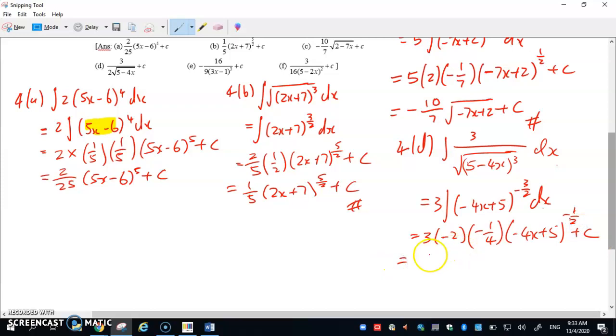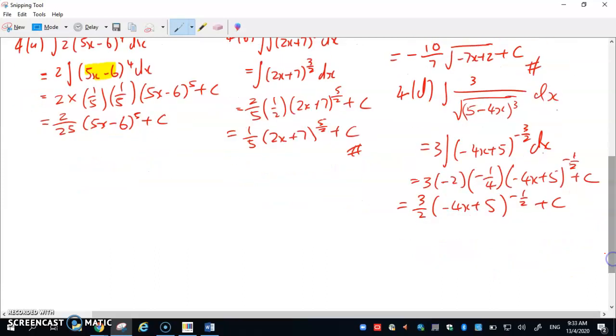Your final answer will simply be 3 over 2 (-4x + 5)^(-1/2) plus c. And then you can express it in this manner: 2 square root of (-4x + 5) plus c. And that's your final answer.